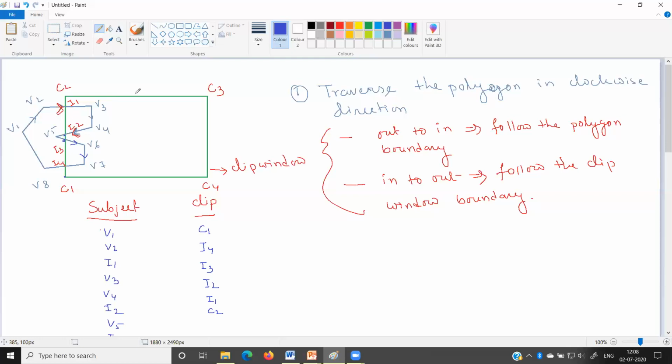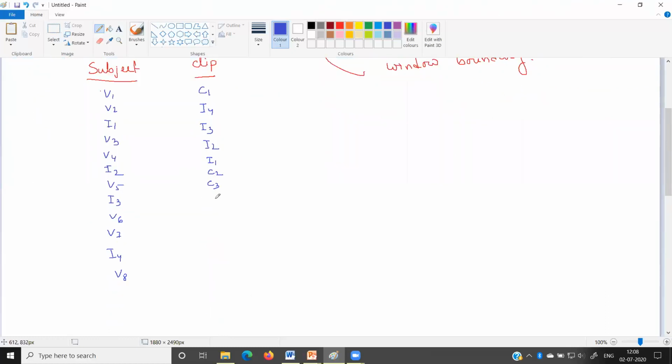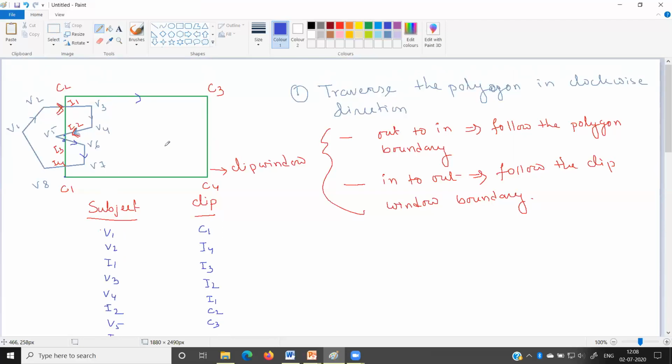After C2, you have to write C3, and after C3, you have to write C4. So I prepared the clip list and I also prepared the subject list. Clear? Now here, the starting point of the traversal is the first intersection point, which is I1.